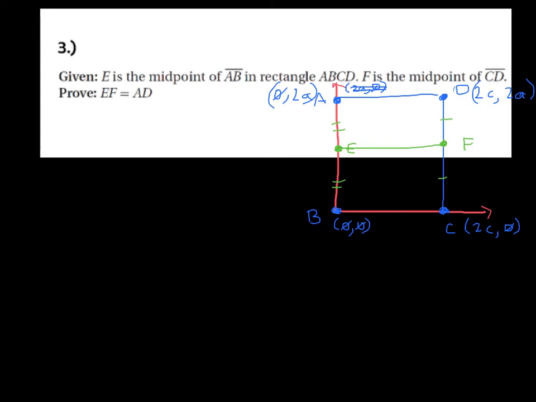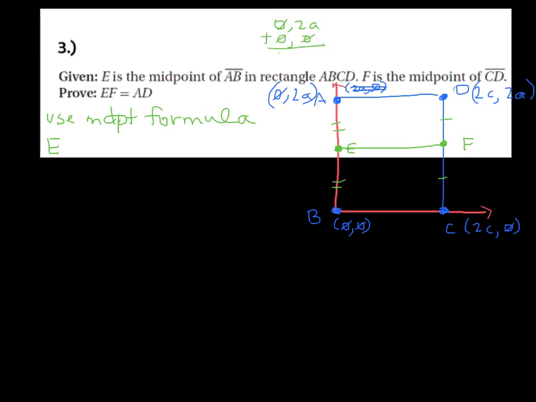Okay, so I am trying to prove that EF is congruent to AD. So the first thing that I need to do is calculate the coordinates of E and F. So I'm going to use my midpoint formula to do that. I am going to find the coordinates of E by stacking 0, 2a, and 0, 0.